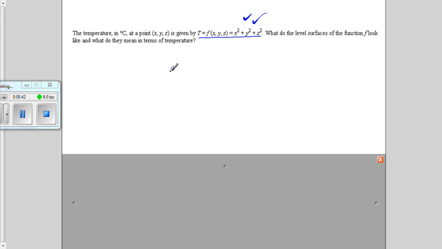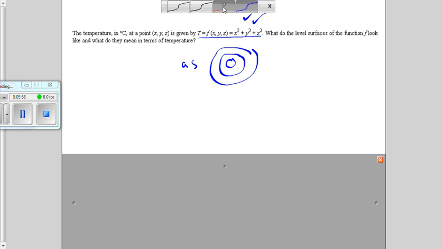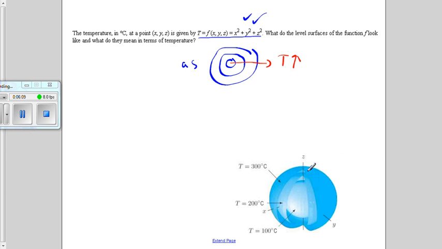And as our spheres get bigger and bigger, they represent temperature increasing. Here's our attempt at looking at this in a 3D model.